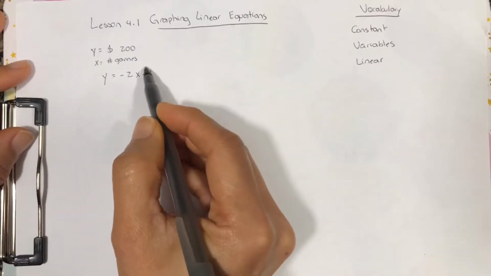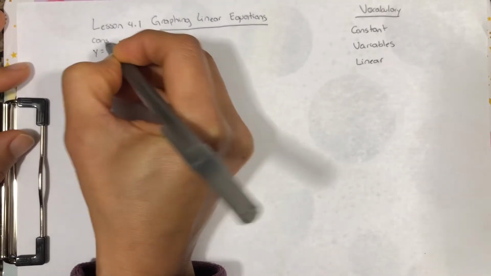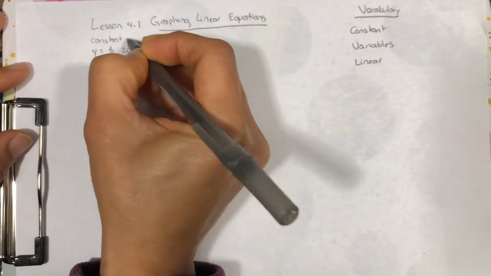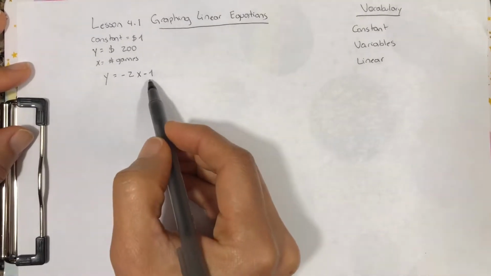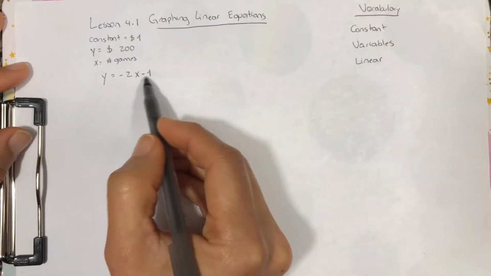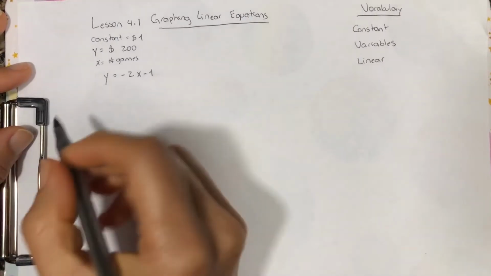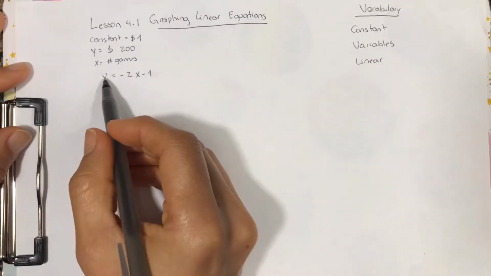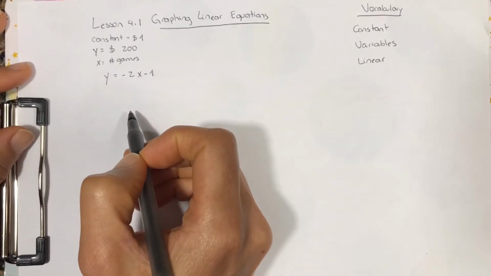But the entrance fee, the constant in this equation, is $1. It's a good price, right? So every time I go to the zoo, just to enter the zoo, if I play no games, I will spend $1. And y is how much money I will spend in all, which depends on how many games I play at the zoo.